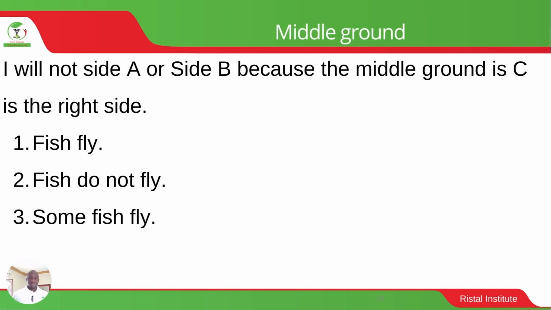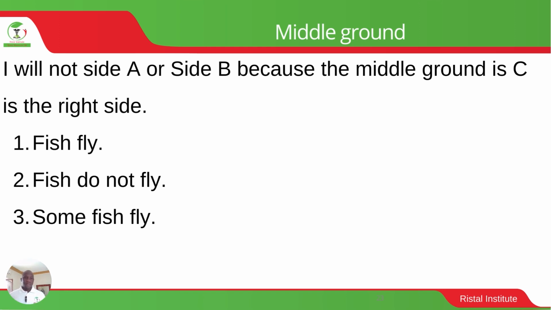Middle ground. Middle ground is when someone chooses a position that is neutral. So, for example, if you have two positions, position A and position B, and people are debating a particular issue, they're taking sides.